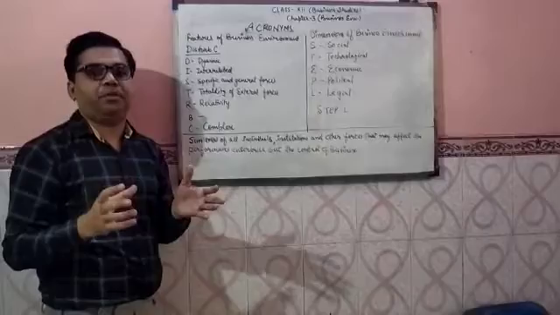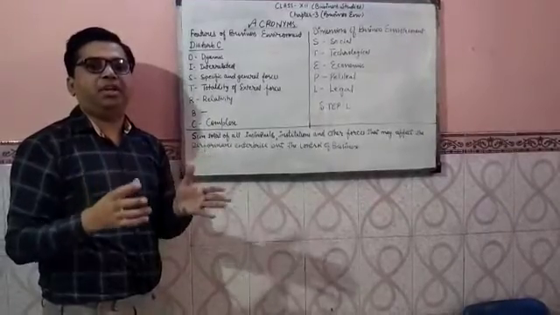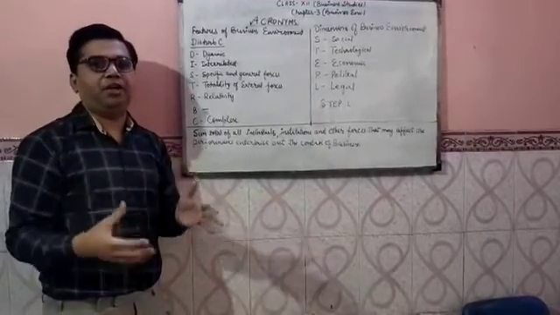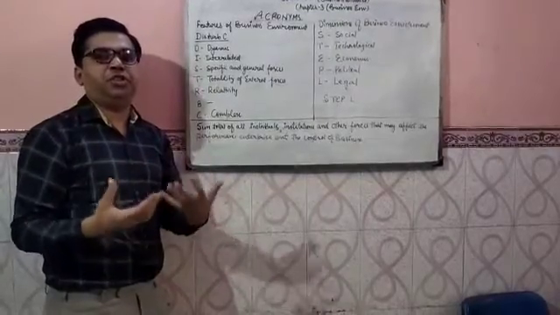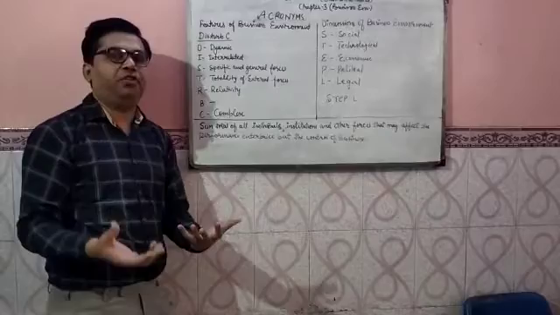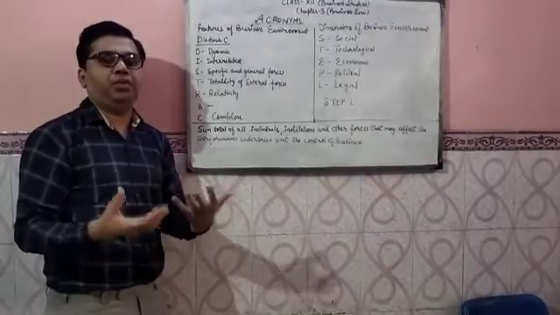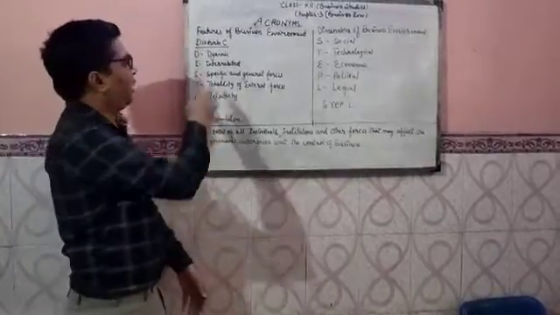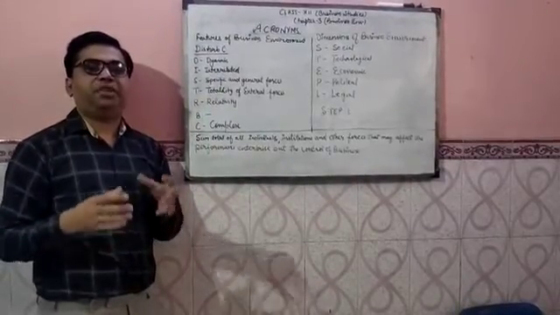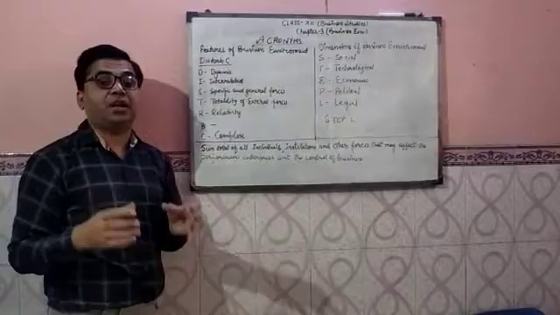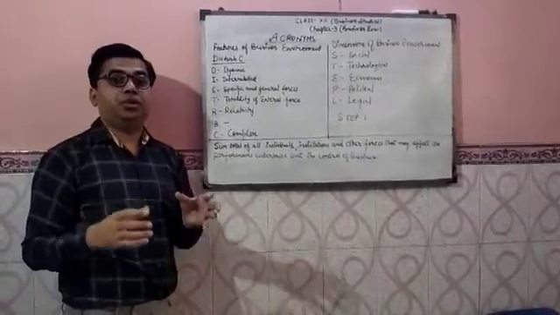It means it is changeable. It does not remain the same. Day after day, month after month, year after year, there is a lot of change in business, as we are observing in the present time. The second one is interrelated. The factors of business environment are interrelated to each other.